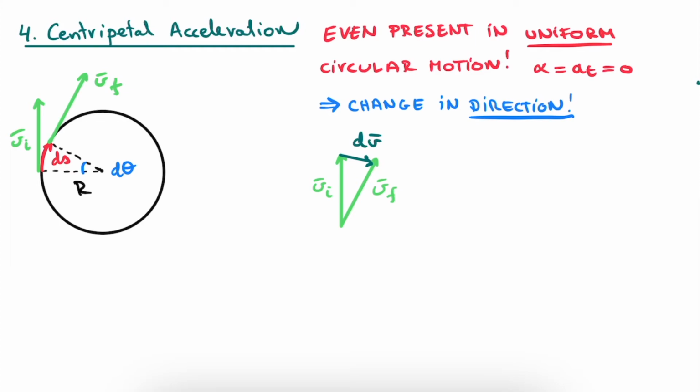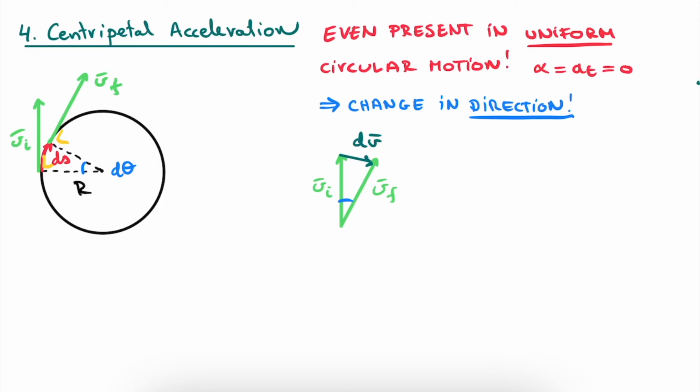And we see that these three vectors now make a triangle, and a triangle is something that we can work with. However, in order to be able to work with this triangle, we need to find this angle right here. And to find this angle, we note that the tangential velocity will always be perpendicular to the trajectory, therefore perpendicular to the circle. So this angle right here and this angle right here will both be right angled.